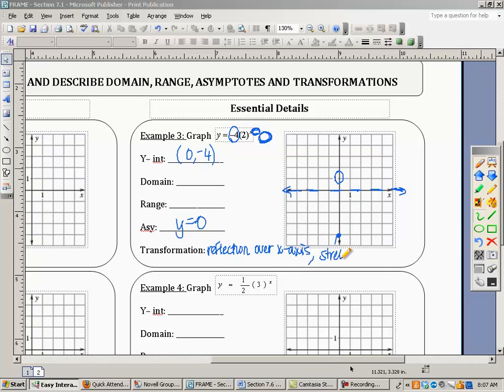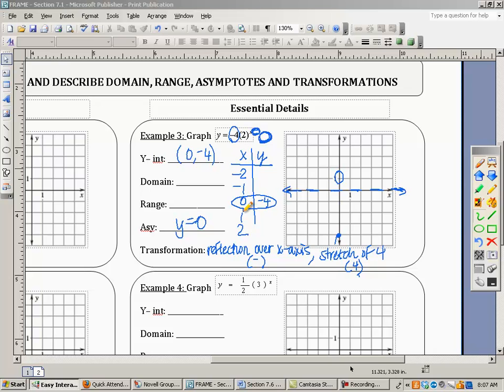So this is also a stretch of 4. The negative tells you it's a reflection. The 4 tells you it's a stretch. Now, if I were to fill in this table again to be able to see the whole graph, we know 0, -4 should be my y-intercept.